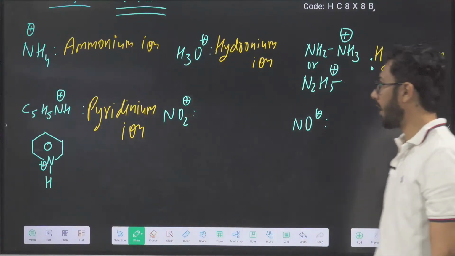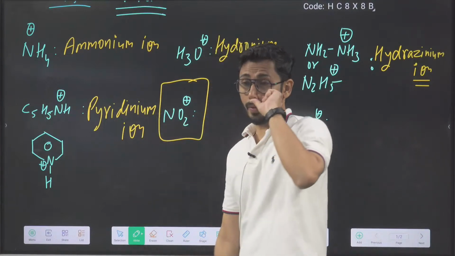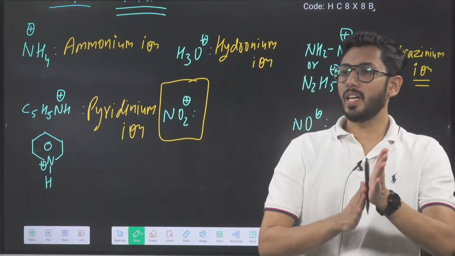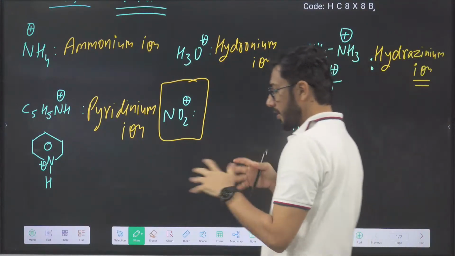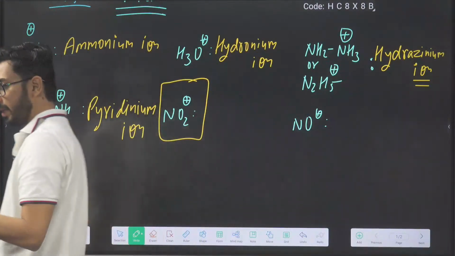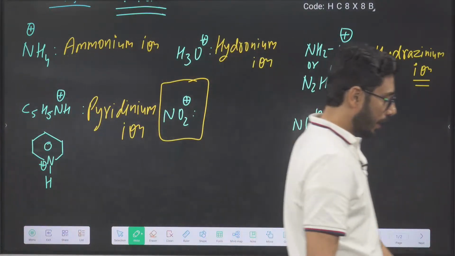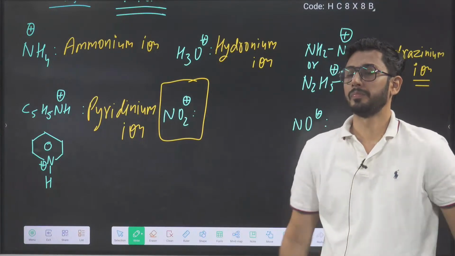Very good. Now this is very important. Inorganic, where we use NO2 plus. In which chapter, it is in multiple chapters actually, but in which chapter do you remember that it first comes? NO2 plus.